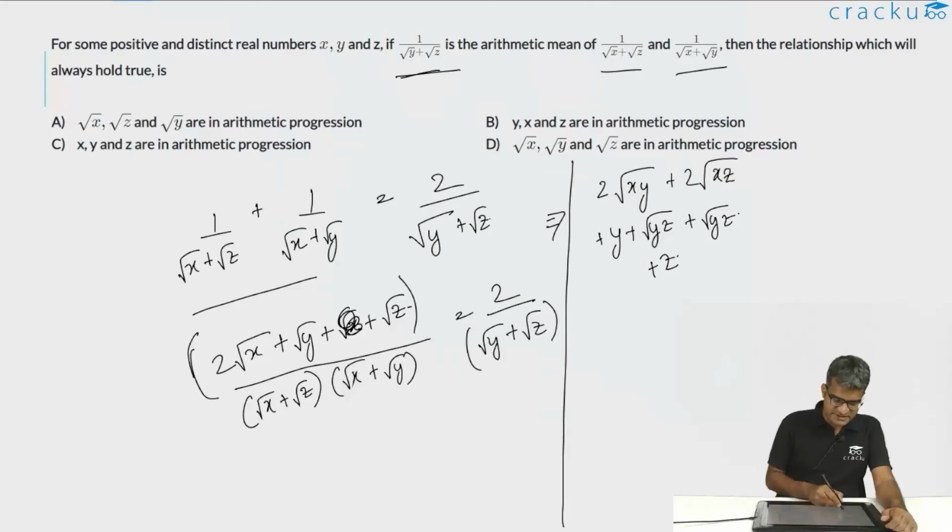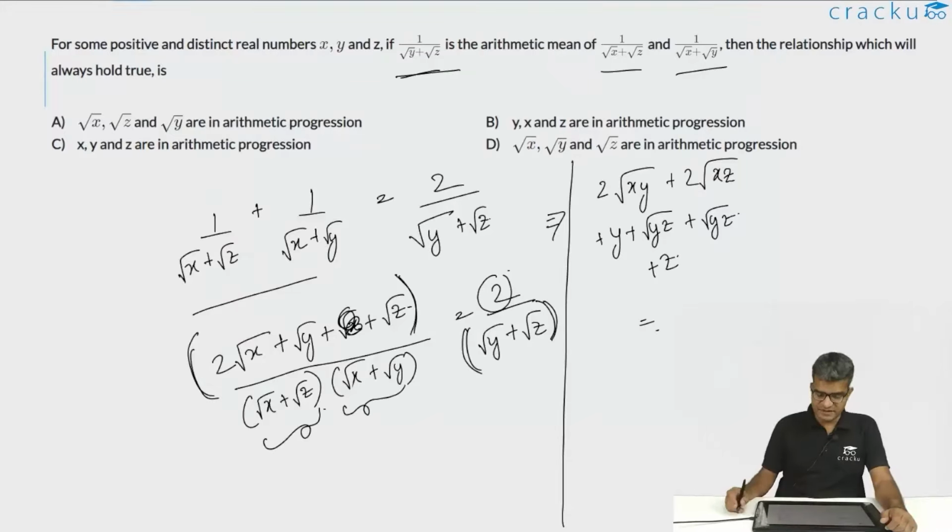What is this? This is just 2 times square root of x plus square root of y plus square root of z into square root of y plus square root of z. This has to equal 2 times square root of x plus square root of z into square root of x plus square root of y. That is equal to 2 times x plus square root of xz plus square root of xy plus square root of yz.